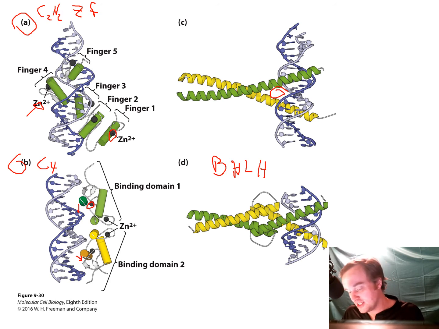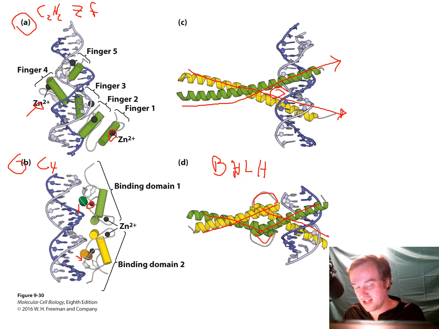So really the only difference you can see here is here we have 2 very long alpha helices, and instead these BHLH are 2 pairs of these same shorter helices that are linked together. But they still interact the exact same way as the leucine helices, they're just a little bit different conformation.